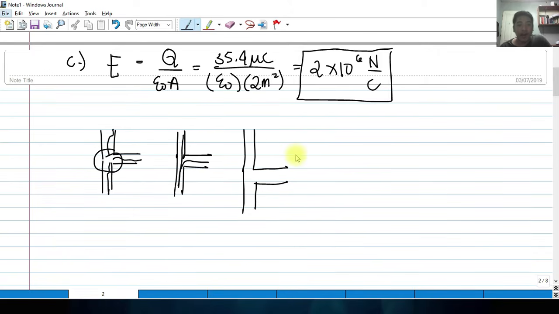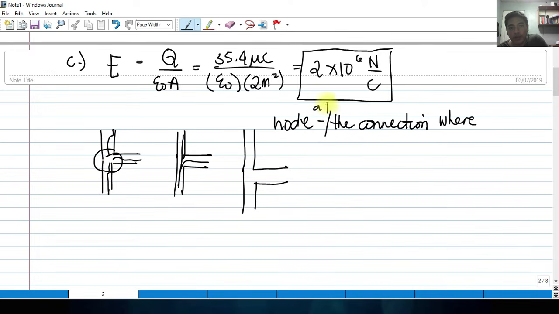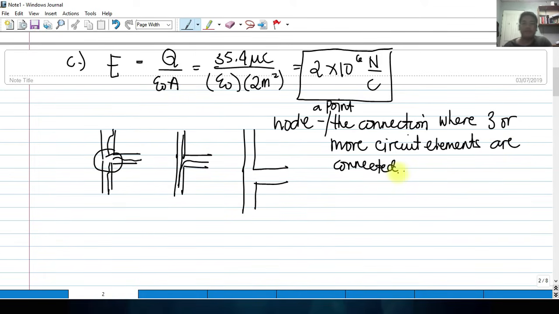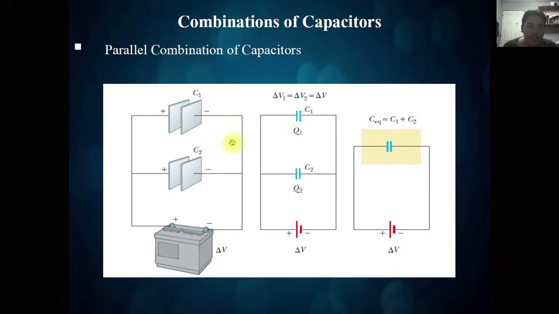Again, the node is a point where three or more circuit elements are connected. So in this case, we know that these two capacitors are connected in parallel.